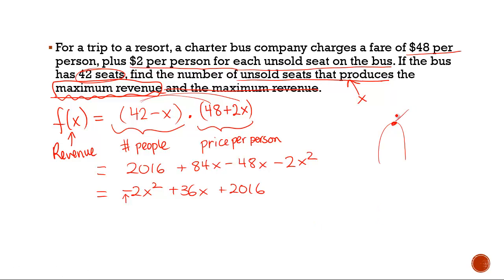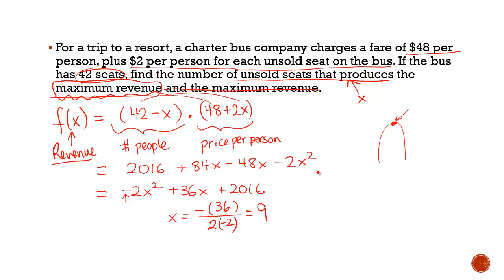So all we need to find now is our y value of our maximum, because that will give us the revenue of the maximum. However, let's start with the x value because we know that that's negative b over 2a. b is 36, a is negative 2, that's negative 36 over negative 4, which is 9.